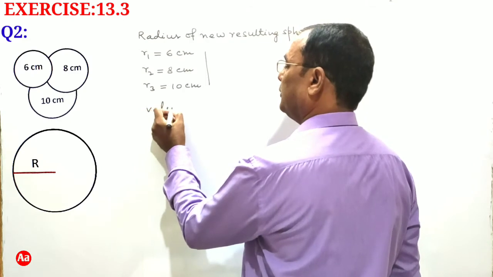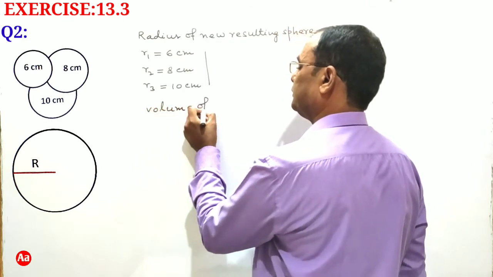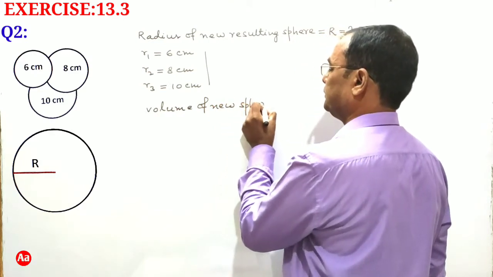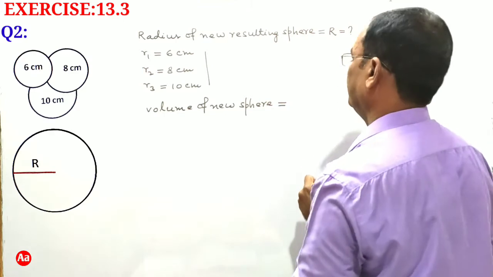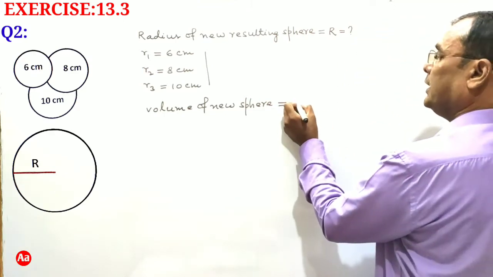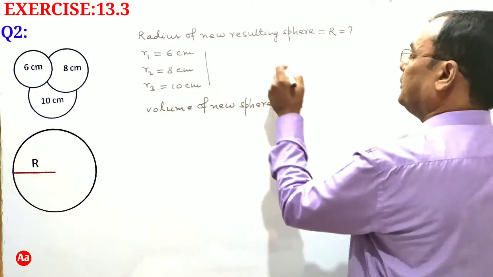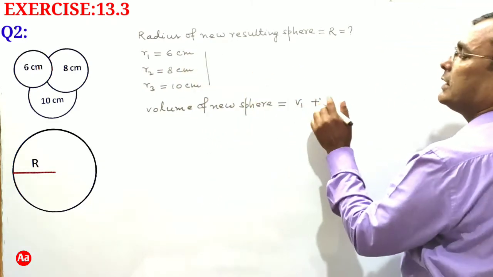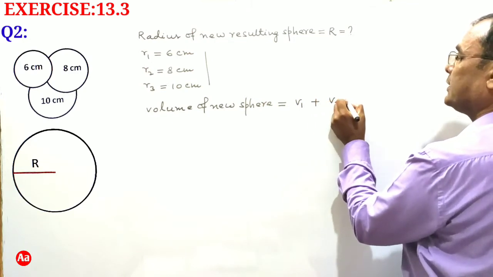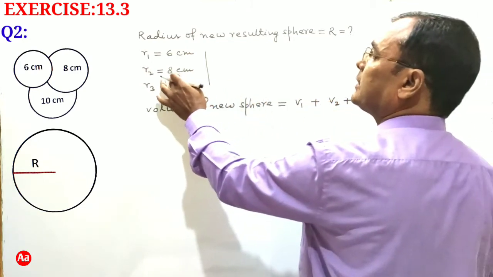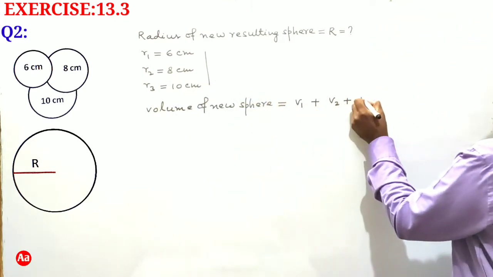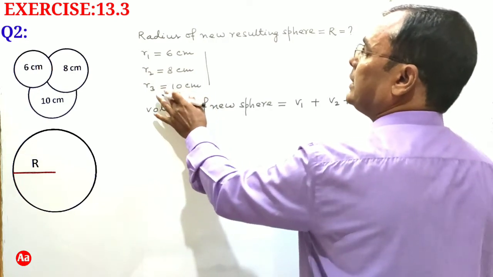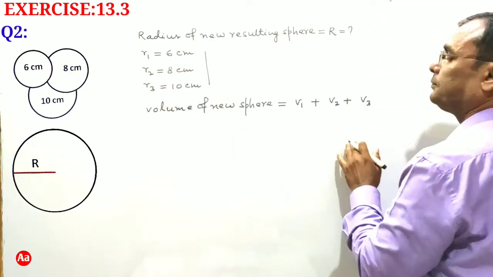So volume of new sphere is equal to, let's write V1 for volume of a sphere of radius R1, 6 centimeter, V2 for volume of a sphere of radius R2, 8 centimeter, and V3 volume of radius R3, 10 centimeter.